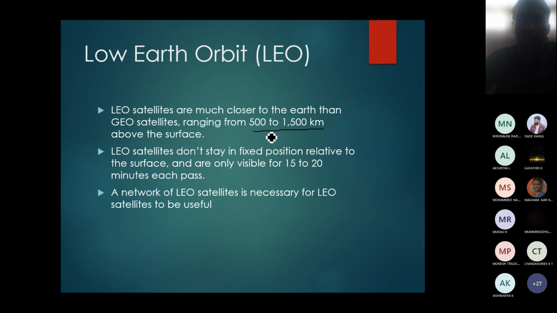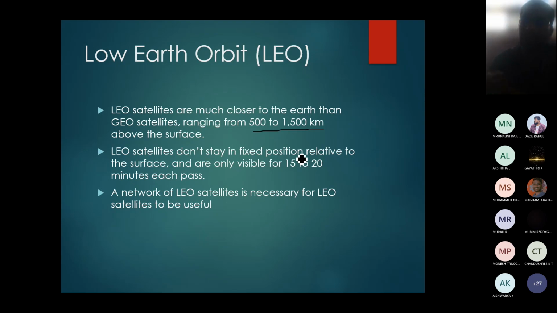Okay, so LEO satellites don't stay in a fixed position because from the very beginning when we started discussing Kepler's law, what we saw is that the satellites which are rotating at a lower radius travel at a very high velocity.